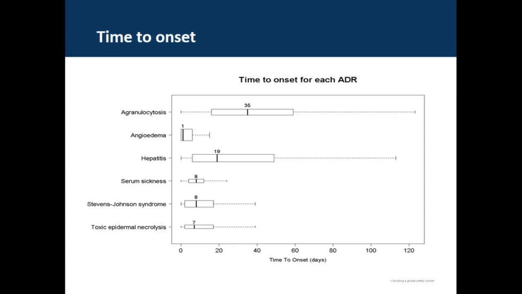And what she found was that if you develop agranulocytosis, it's normally in a week or two after you start the medicine, whereas angioedema is very abrupt, usually very abrupt, like anaphylaxis. Hepatitis takes a little bit longer, as does serum sickness. Stevens-Johnson syndrome, toxic epidermal necrolysis can be in the first few days, but largely a little bit later.